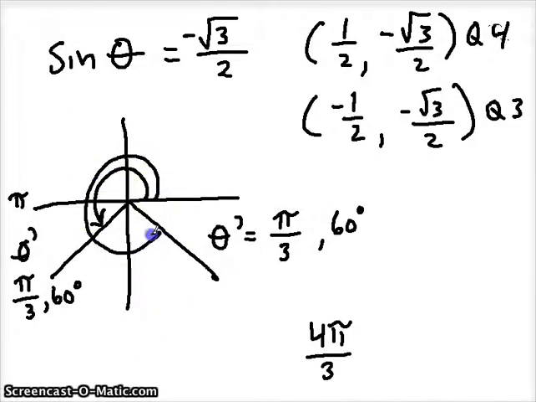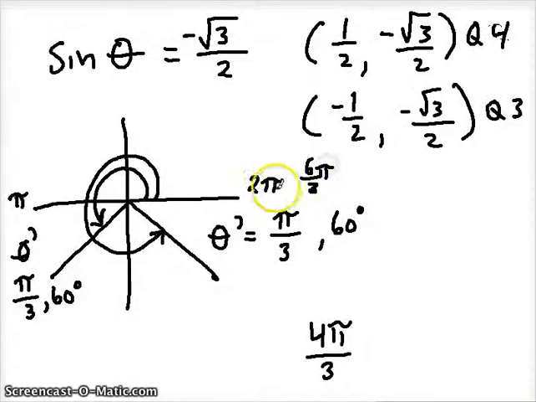I also have this angle right here, that full angle. And if I want to think about the measurement of that, I would have to think about a full circle being 2 pi, and in terms of thirds, that would be 6/3. That's equivalent to 2 pi. So I'm a third less right here than a full 2 pi.